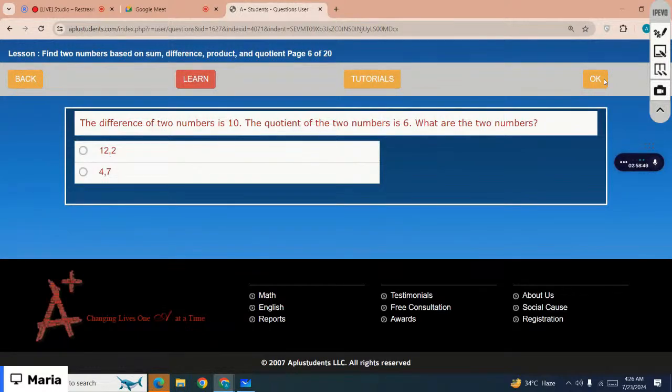The difference of two numbers is 10 and their quotient is 6.